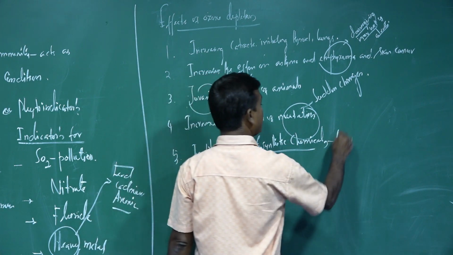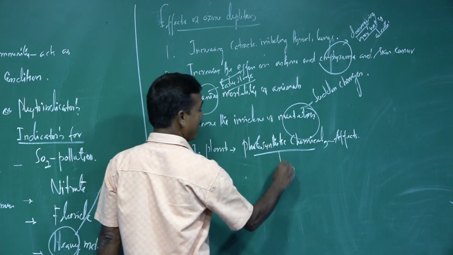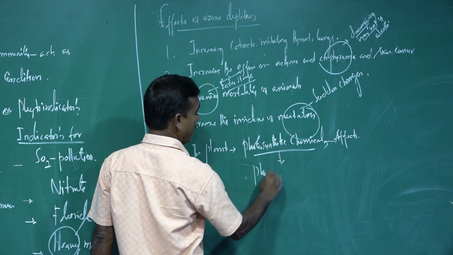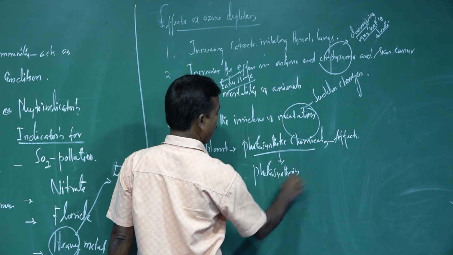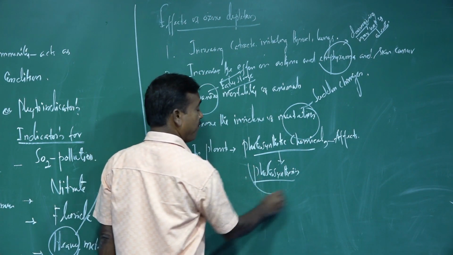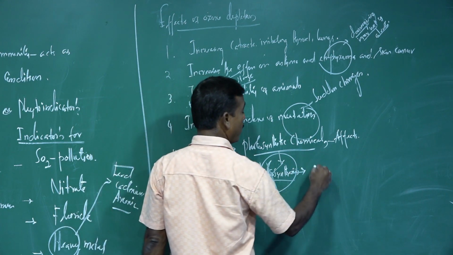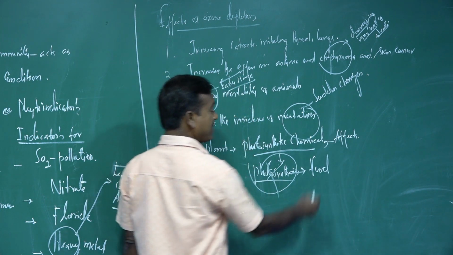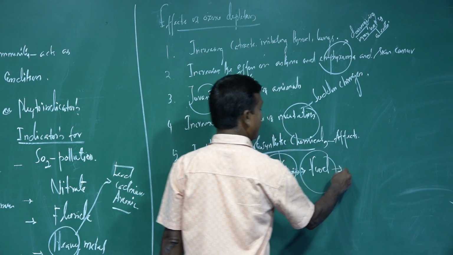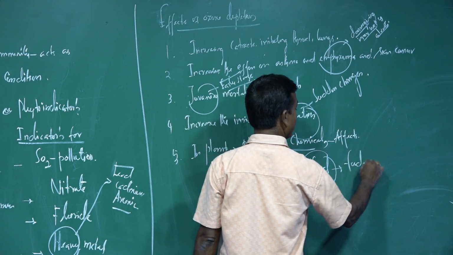If photosynthetic chemicals are affected, the process of photosynthesis is affected. Then the plant cannot prepare food, and food scarcity takes place.